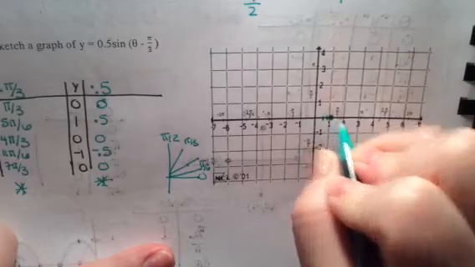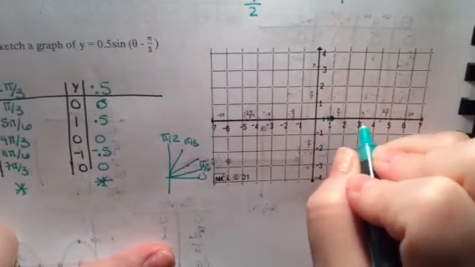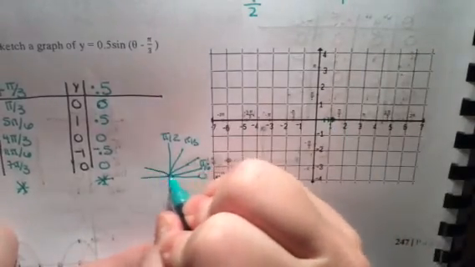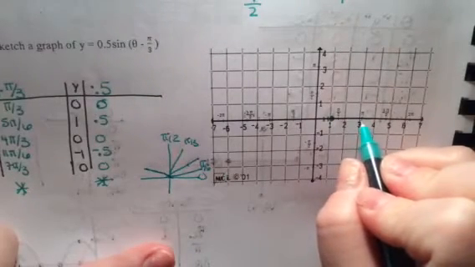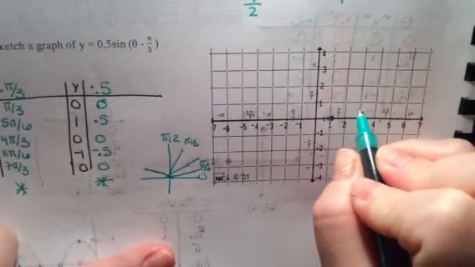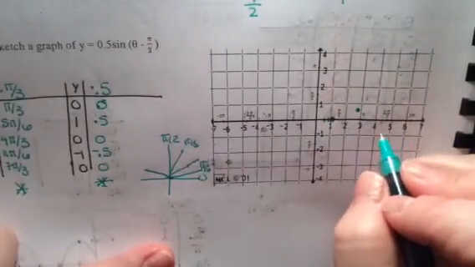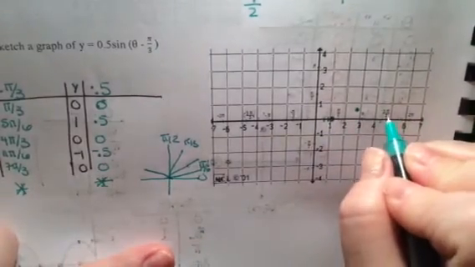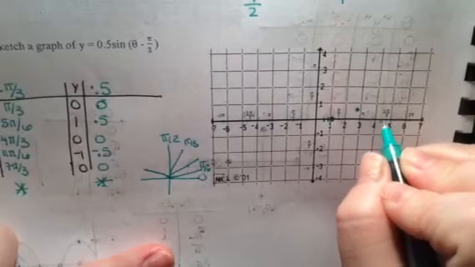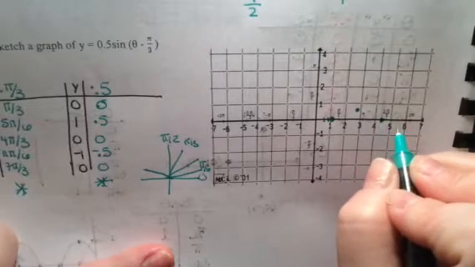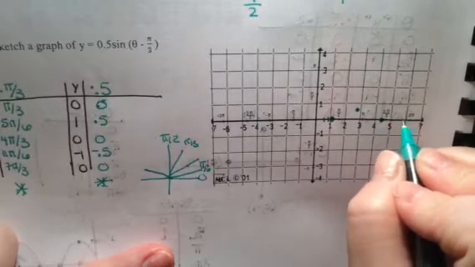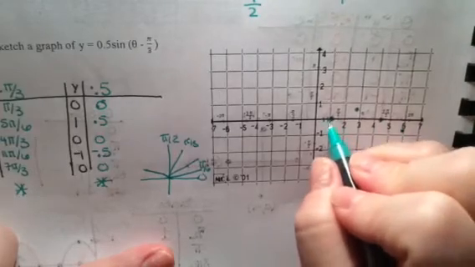Right here I'm at 0. 5 pi over 6, which you know is just before pi over here, you're up at 0.5. 4 pi over 3, which you know is right before 3 pi over 2, you're back at 0. And 11 pi over 6, which you know is just short of 2 pi, is right there.